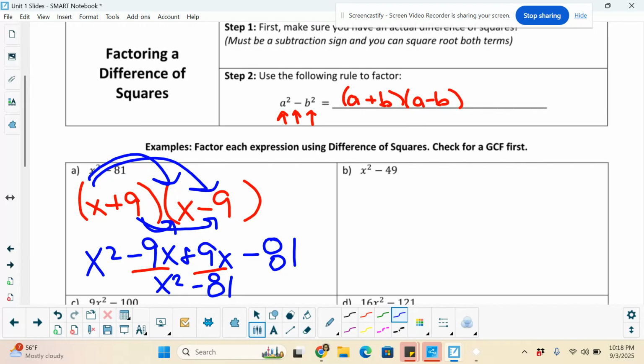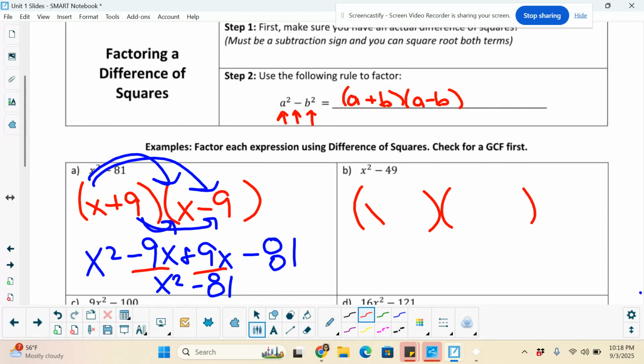All right. Let's go ahead and look at B. Let's double check that it is a difference of squares. X squared is a perfect square. We have a minus. 49 is a perfect square. All right, so let's go ahead and break these apart. Two parentheses.